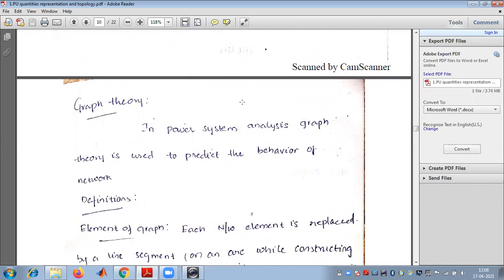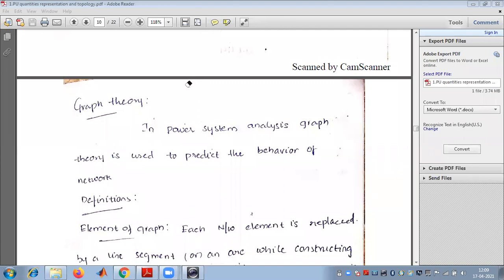Graph theory concepts are very useful to analyze or predict the behavior of a network in the power system. Power system is made up of so many types of networks, so it is very important to have proper prediction about the behavior of a particular network. For that purpose, we have graph theory in this power system analysis.